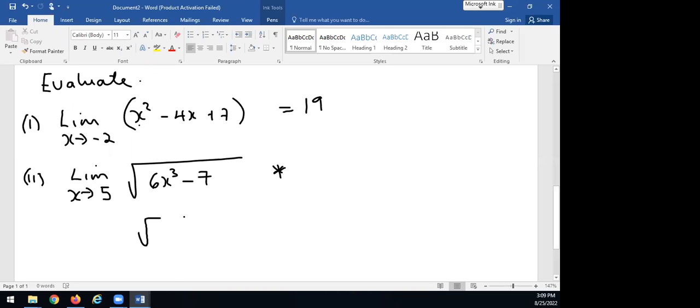So that's going to be the square root of 6 times 125, and then minus 7 from that. 6 times 125 is 750.